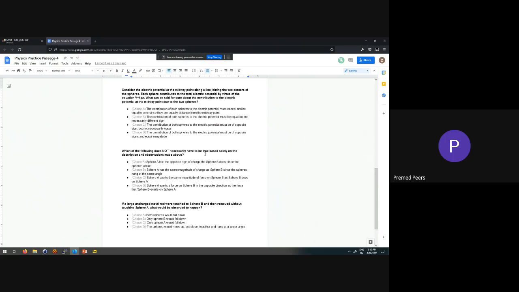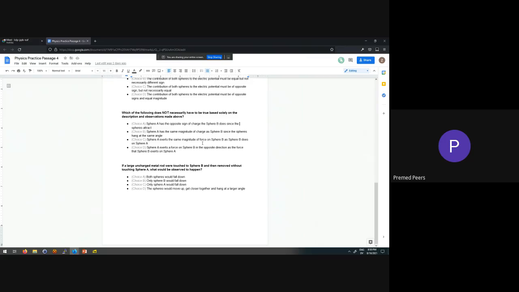And then the last question: if a large uncharged metal rod were touched and then removed, what would happen? So this is talking about, we didn't really get into this, methods of charging things, but these are fairly intuitive. The most obvious is charging by conduction, where we just touch things together and the charge moves.